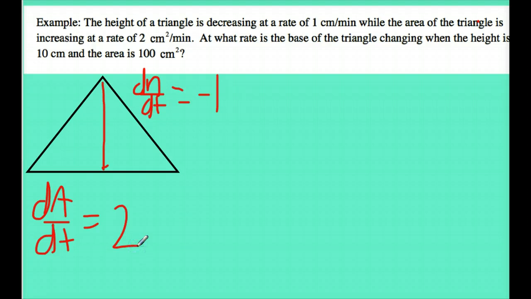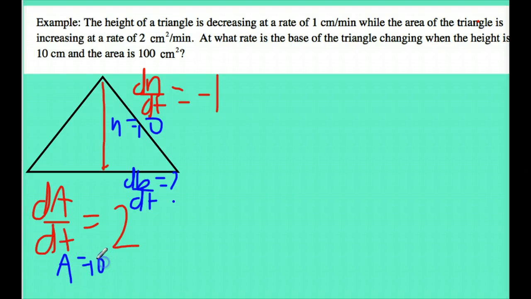It says at what rate is the base of the triangle changing? So I'm looking for the base. I'm looking for dB dt when the height is 10 centimeters. So I know the height is 10 centimeters and the area is 100.